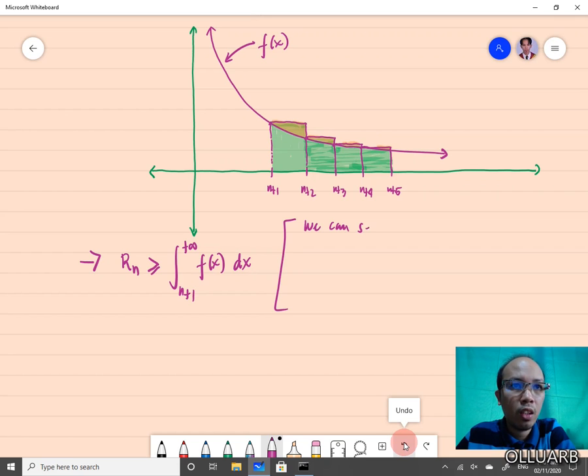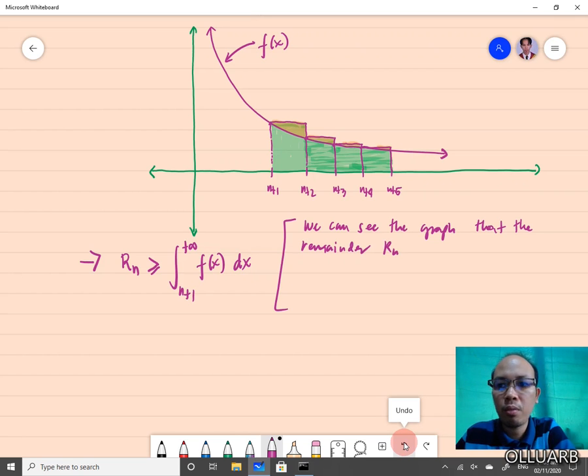We can see in the graph that the remainder r sub n, the area estimation, will overestimate the exact area.